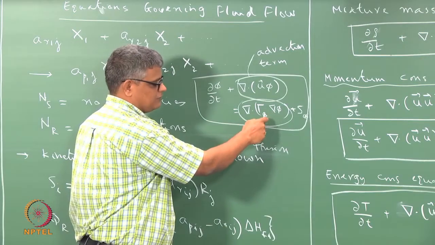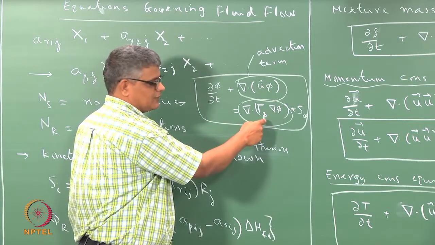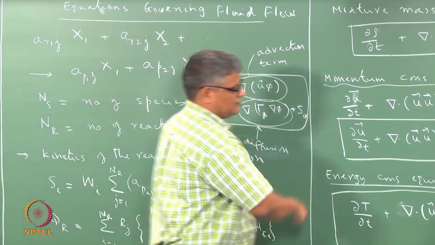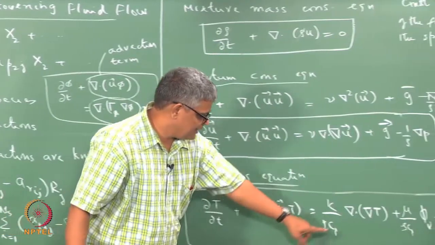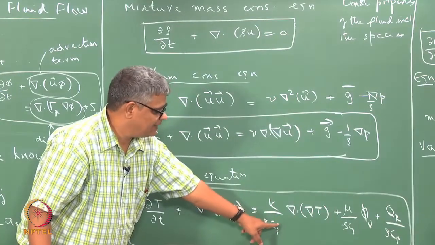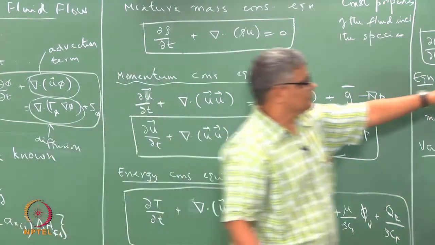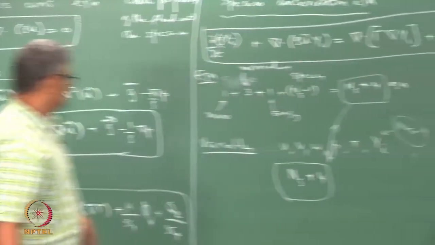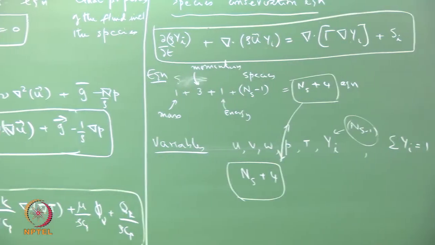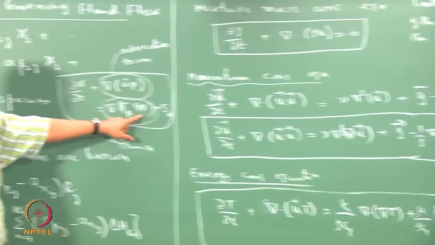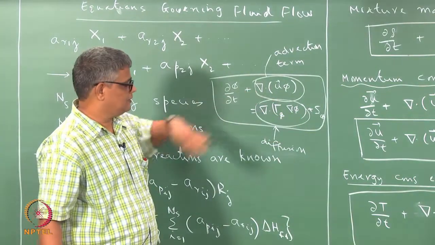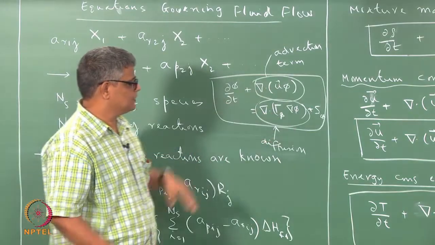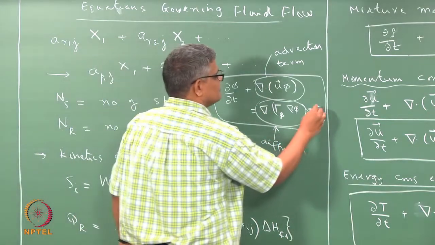Counter gradient diffusion is what is actually bringing in either momentum, heat, and also the mass transfer that may be happening. So this is the diffusion of phi because of gradients of phi within the fluid continuum is what is causing this.